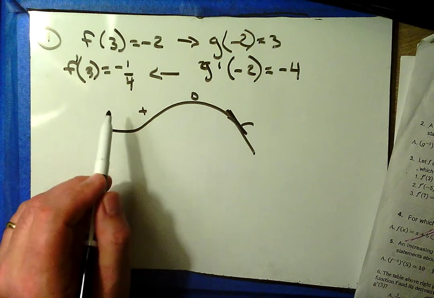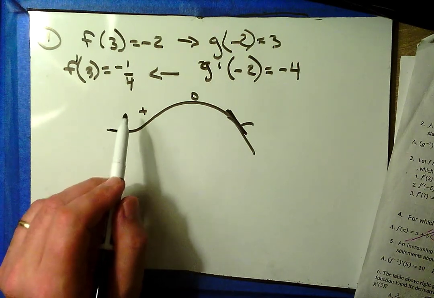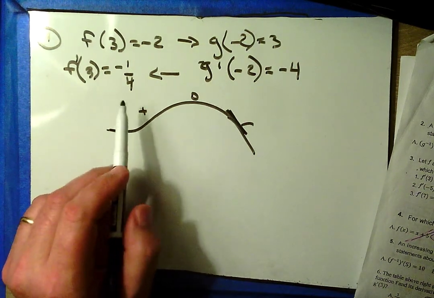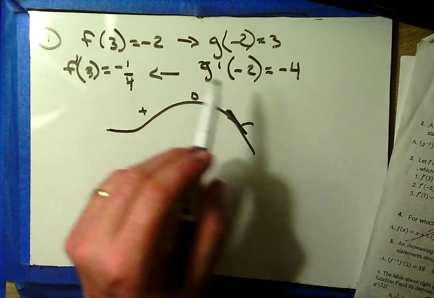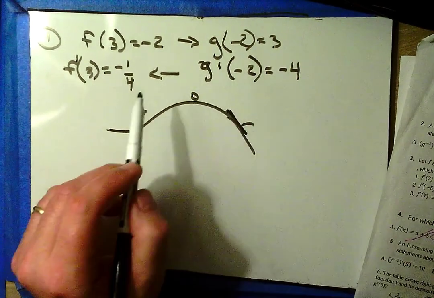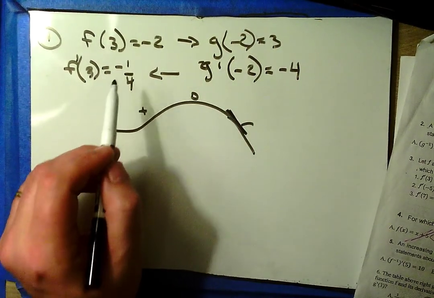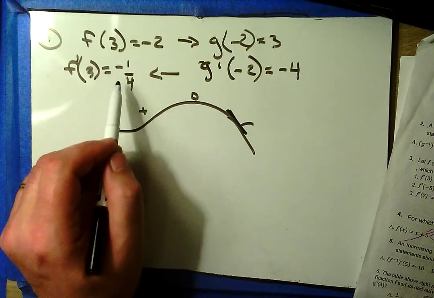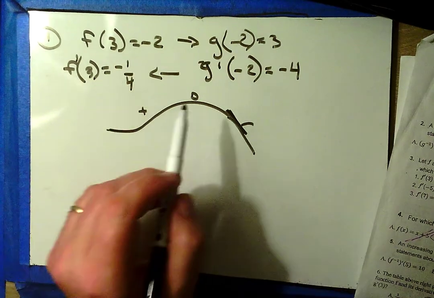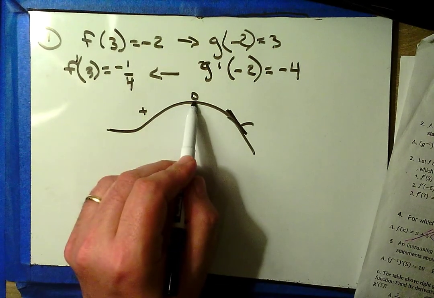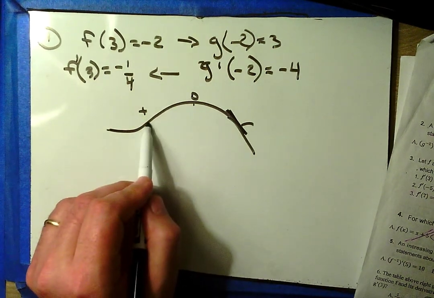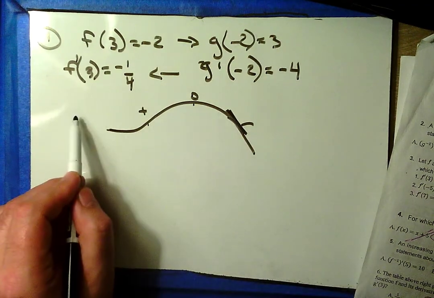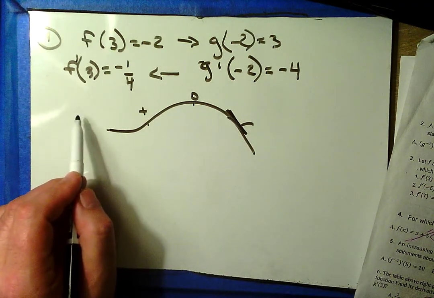And so what we find is, if this slope is negative, then all the slopes on f have to be negative, because once I get to that 0 slope and back to a positive slope, I'm going to fail that horizontal line test.